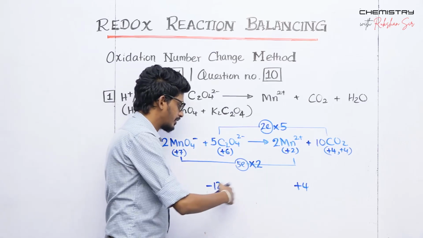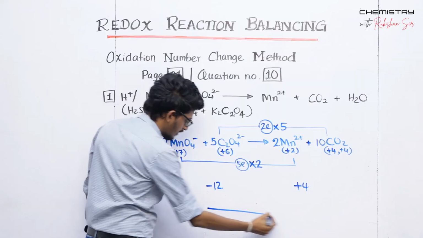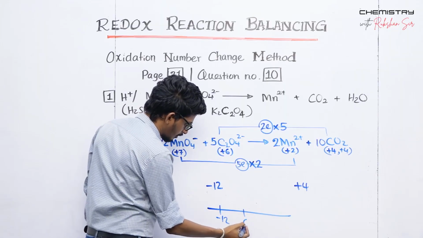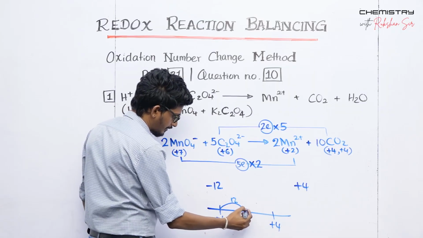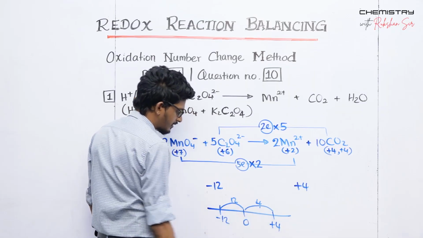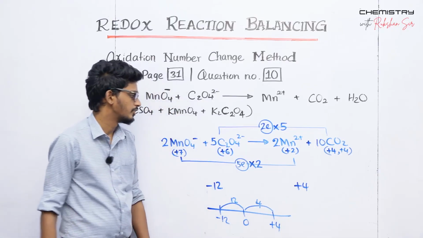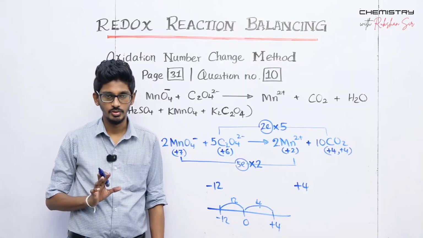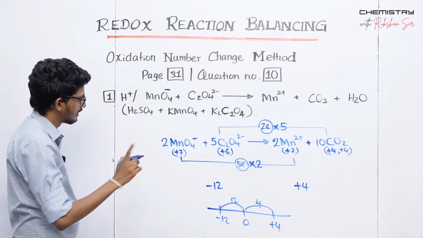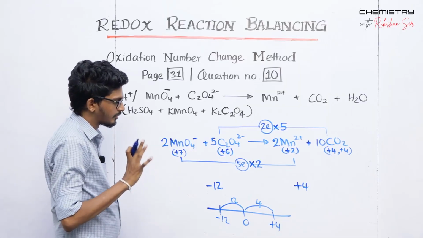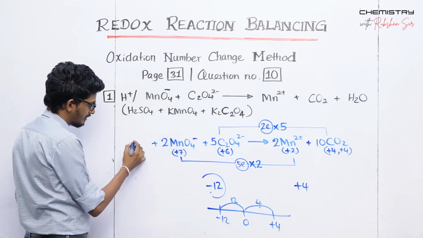The difference between the net charges is 16 units: between minus 12 and 0, 12 units, and between 0 and plus 4, 4 units. So you need 16 H pluses as the medium is acidic. The 16 H pluses should be added to the side with the least positive charge, that is this side. So just add 16 H pluses.